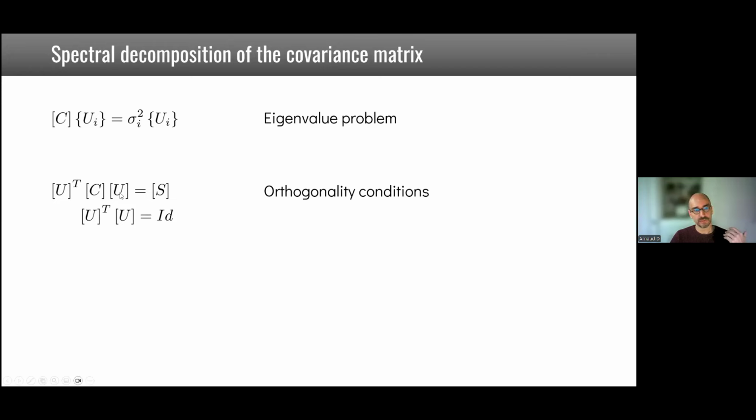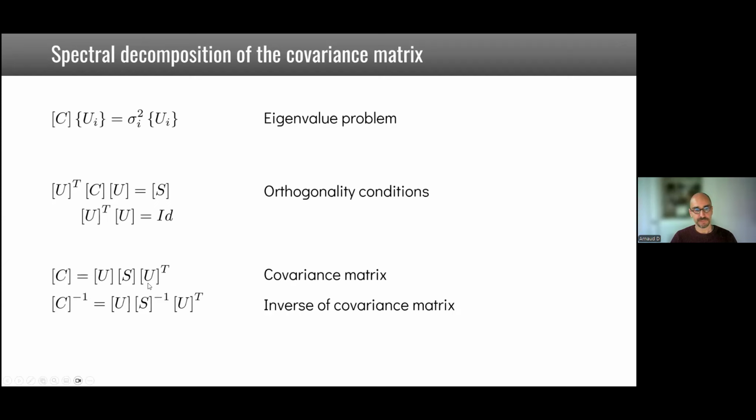This leads to a diagonal matrix S, and from that you can rewrite the covariance matrix and the inverse of the covariance matrix, which is given by this here. Now, the trick is to do a transformation, a bit like mode shapes in dynamics, using as eigenvectors the result of the spectral decomposition of my covariance matrix.